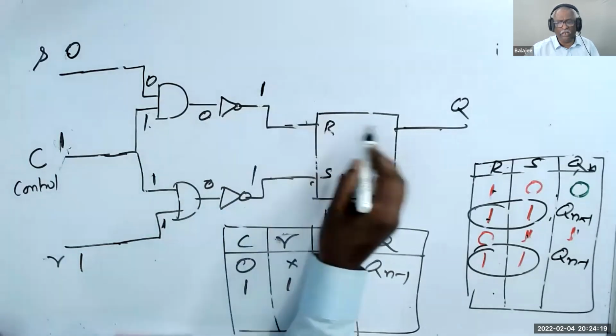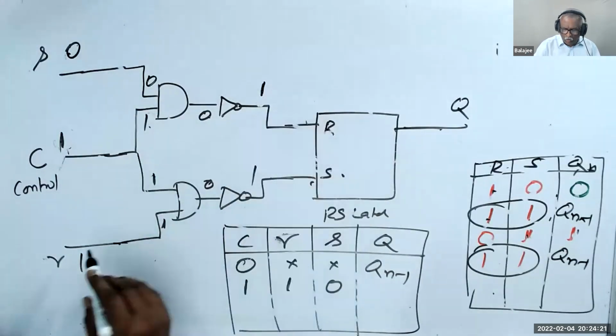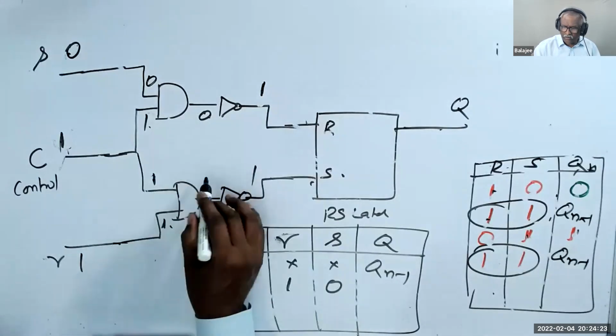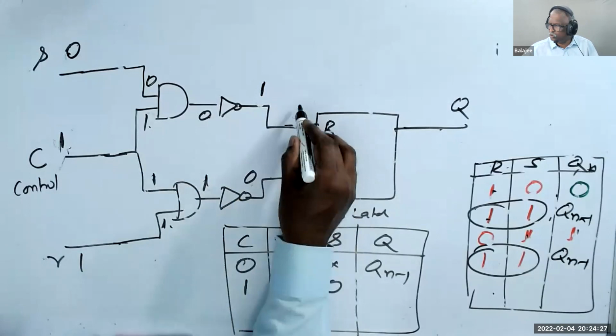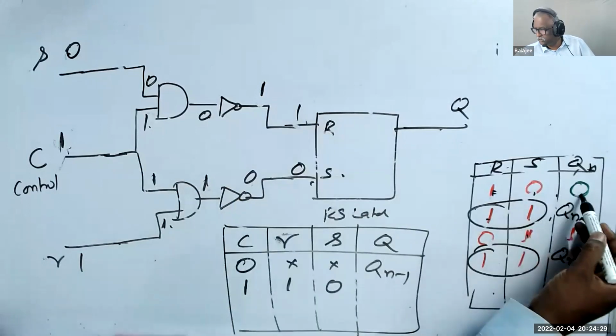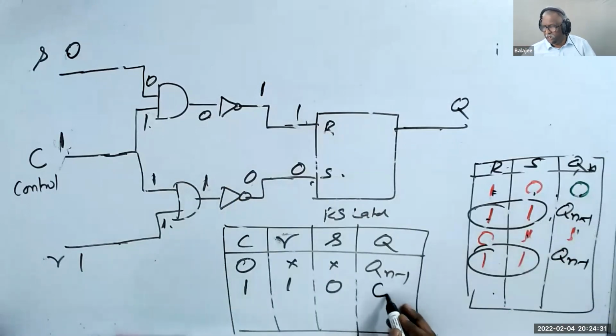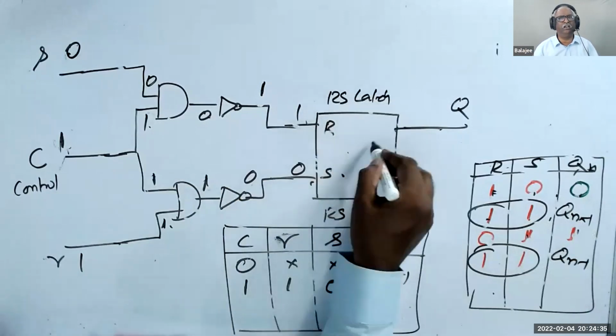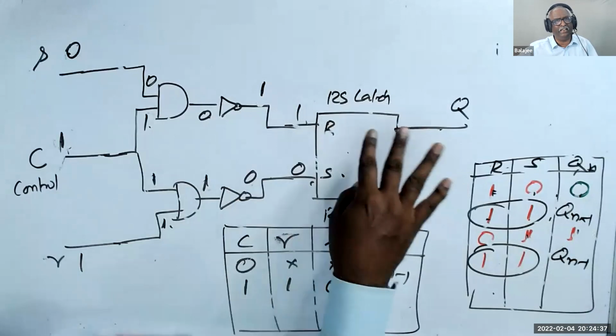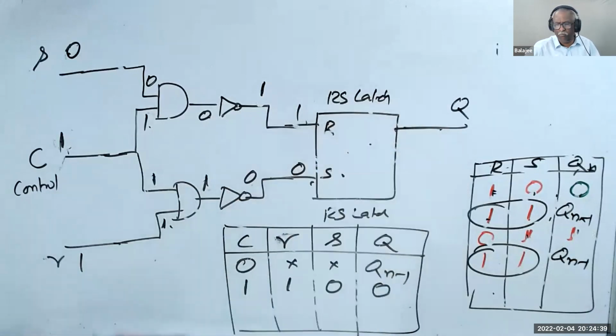Fine. Now R is 1, then 1, 1 is 1. This becomes 0. S is 0. So 1, 0 means what? Output is 0. Because I'm using an RS latch. That internal circuit is already there. This is a building block.